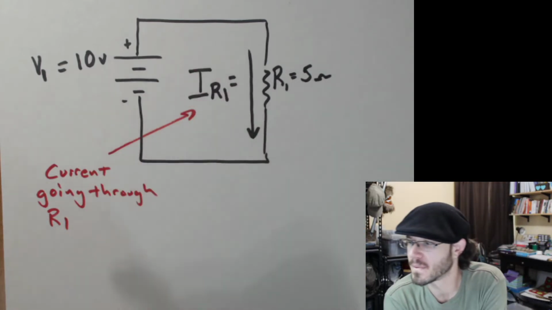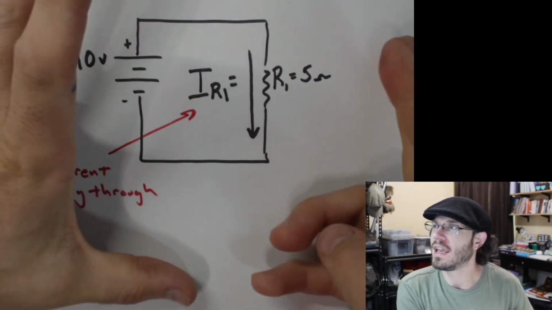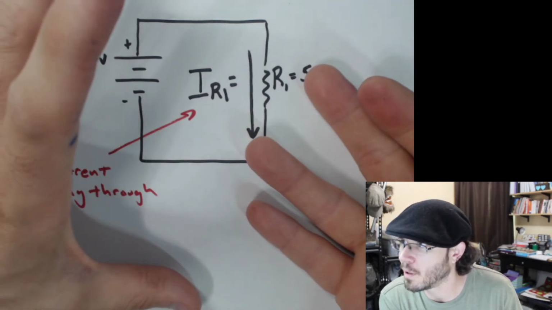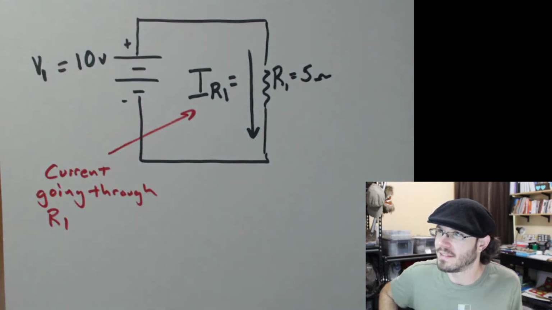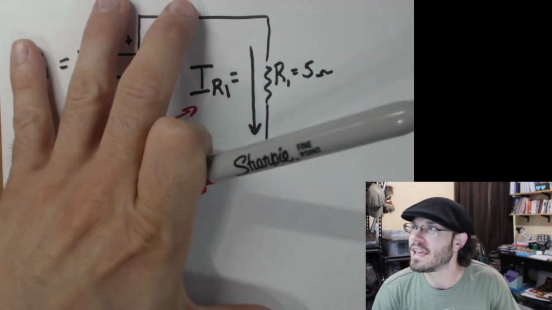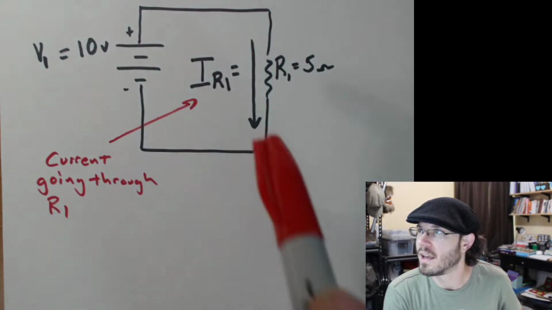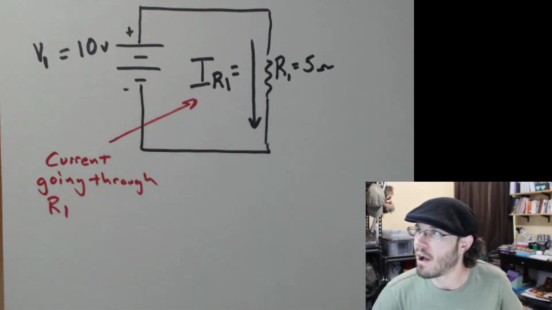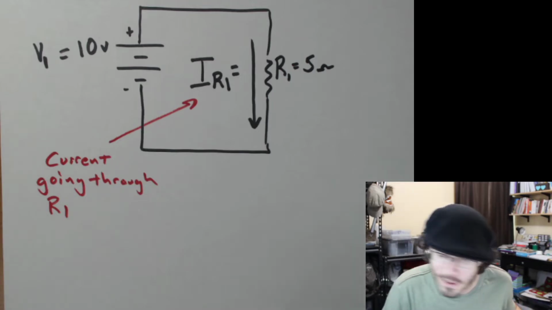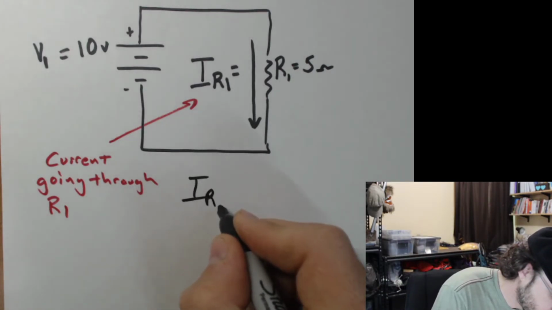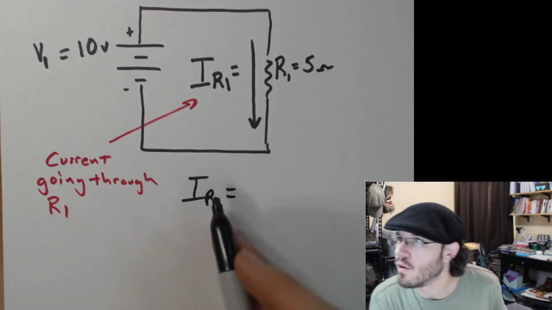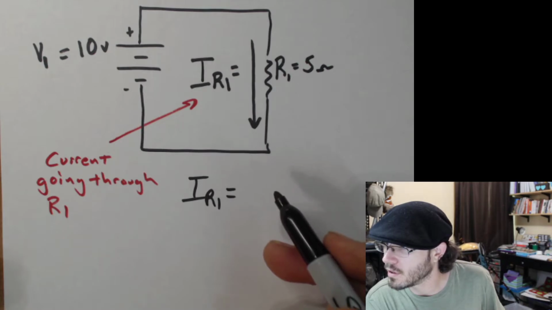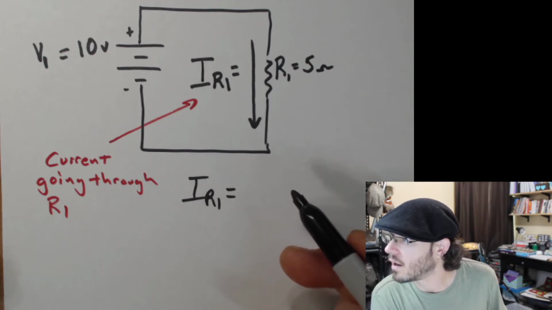This is proper industry accepted nomenclature for labeling of components in a schematic. This is my point. We're going to start here with the right way of doing things as we would see them in the workplace. At this point, now I can go ahead and say, well, what's IR1 equal to? Well, we know that V equals IR, so I is going to be equal to V divided by R, right?